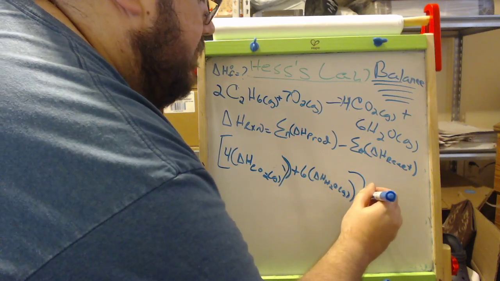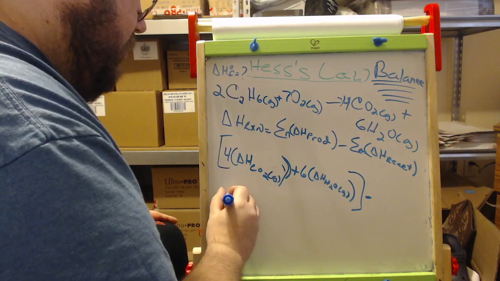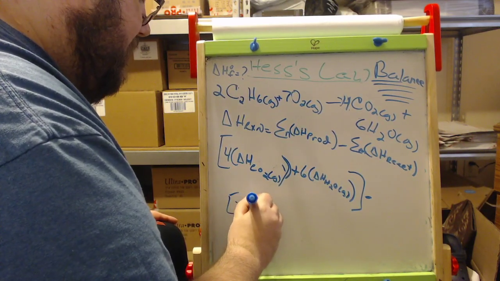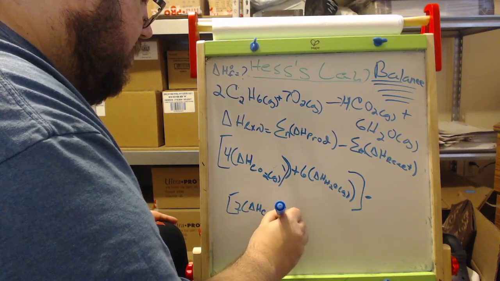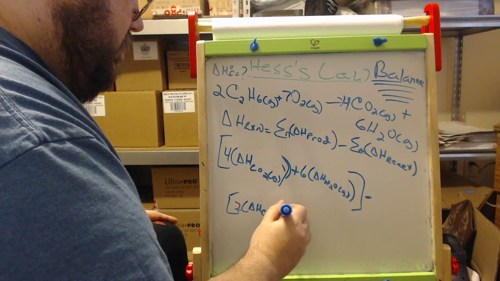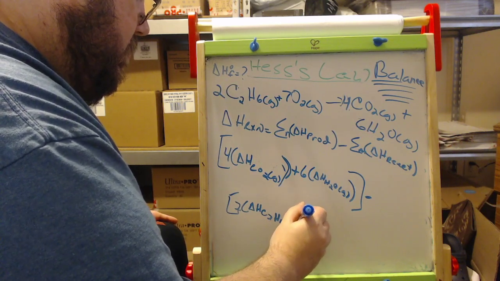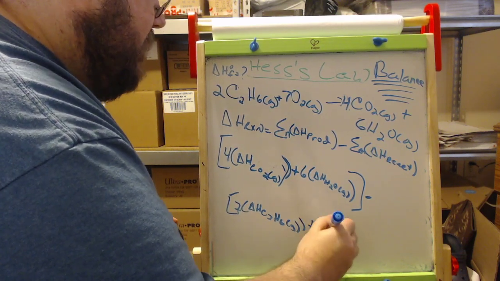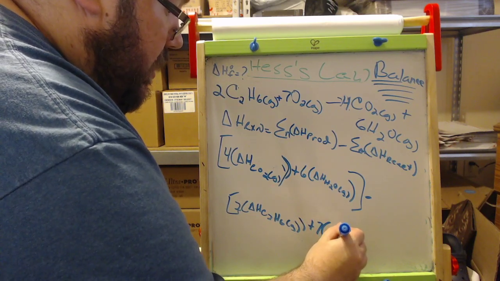Don't lose those. Okay, and we're going to subtract that from my reactants: 2 times the delta H of C2H6 gas plus 7 times the delta H of O2 gas.